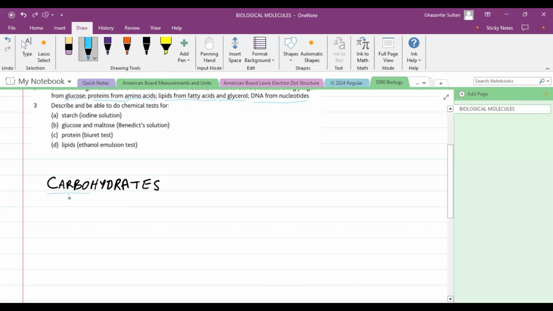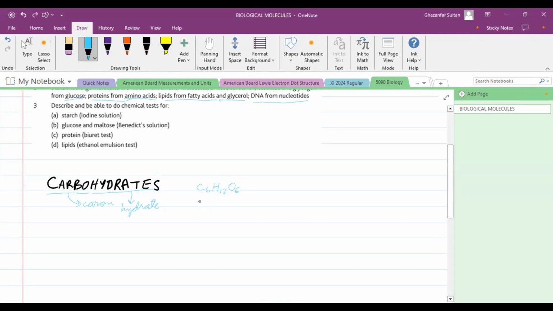Carbo came from carbon and hydrate means hydrated, because in most carbohydrates they found that the molecular formula has hydrogen and oxygen in the simplest ratio as it is in water.